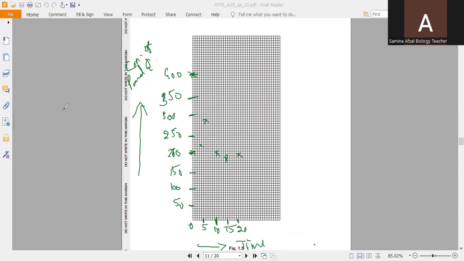And then at 10, it is 150. And then at 15, it is 90. And at 20, the value is 75.